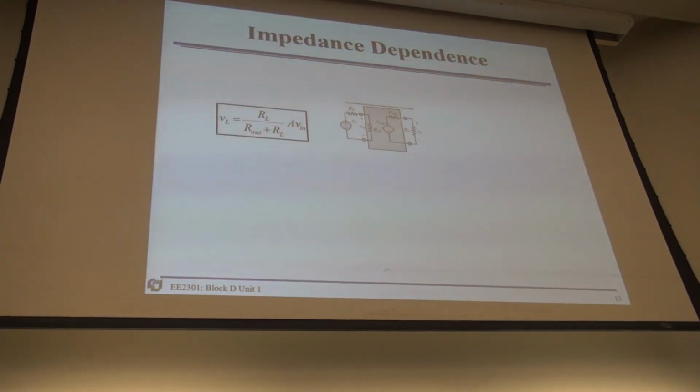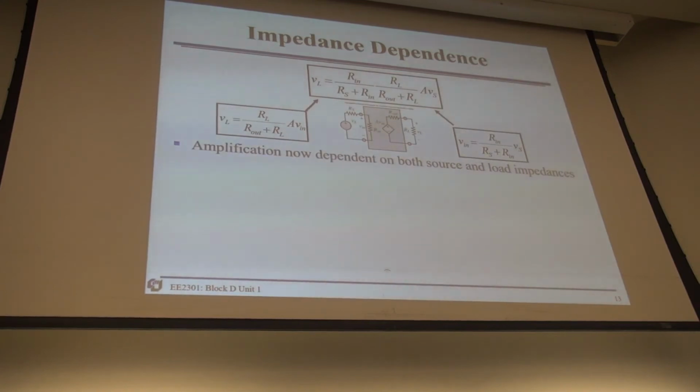So you can see that VL and V in are connected via this relationship. Together, we know it is two cascaded voltage dividers. But we do have an A in there, so don't worry. If A is big, that's good. They depend on both the source and load impedance.